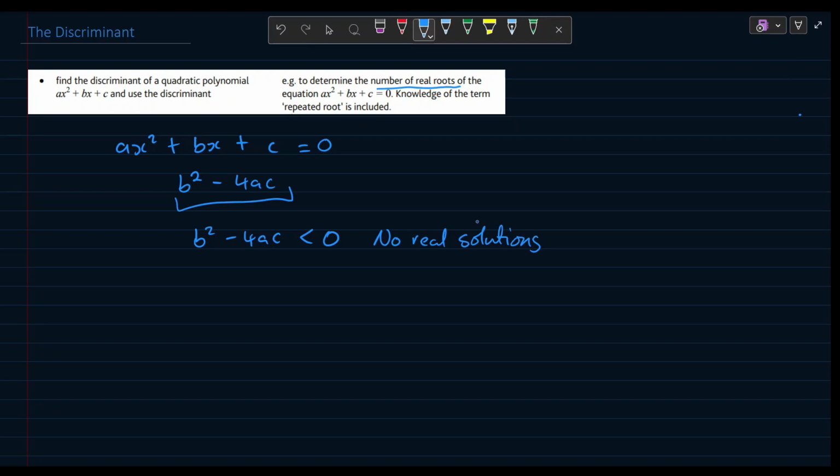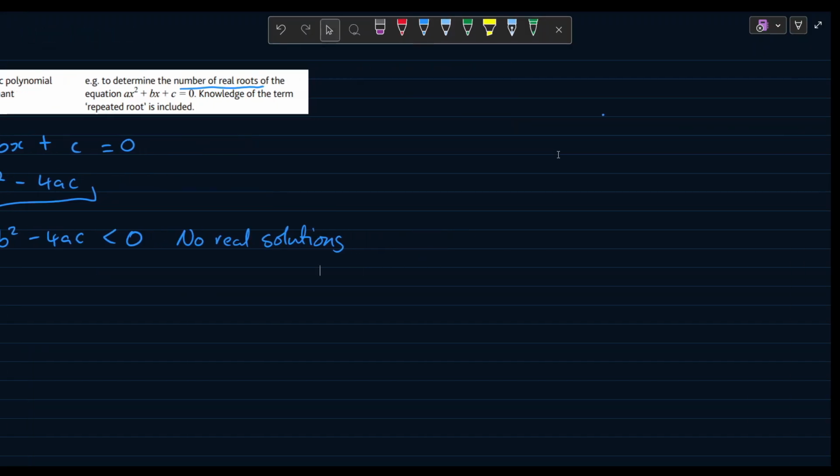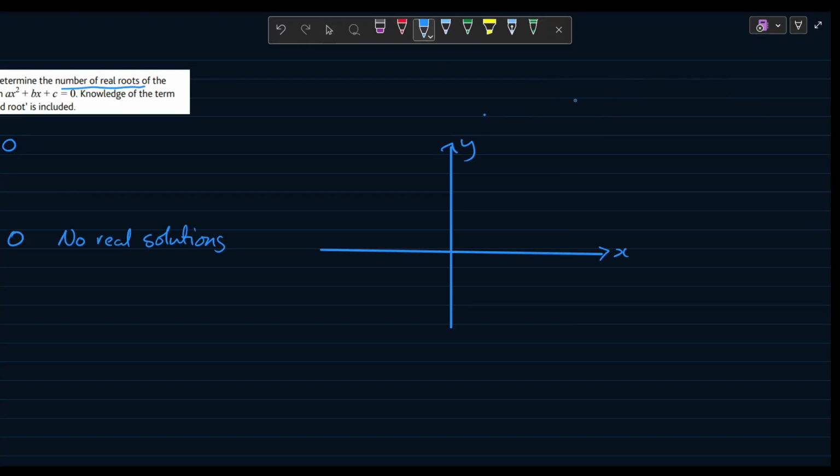We'll look at a few examples in a bit, but right now I just want to go through a bit of theory. I promise it's not a lot. And in fact, if we were to draw this on a Cartesian plane, we've got our y-axis and we've got our x-axis. Let's just say we've got a quadratic, y equals x squared minus 4x plus 7.